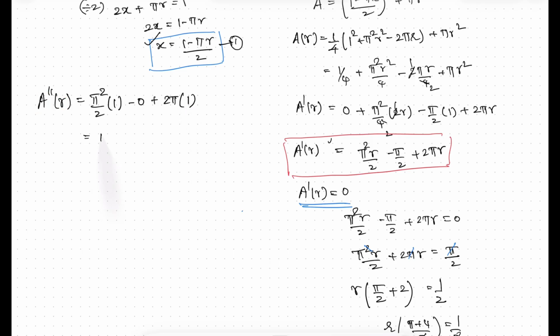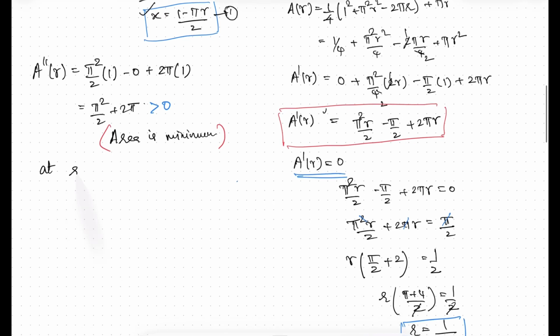You'll get pi squared by 2 plus 2 pi. No matter what r value you substitute, this is always going to be positive. Since it is positive, the area is always going to be minimum. This is your second derivative test result. So your area is minimum at exactly r equal to 1 by pi plus 4.